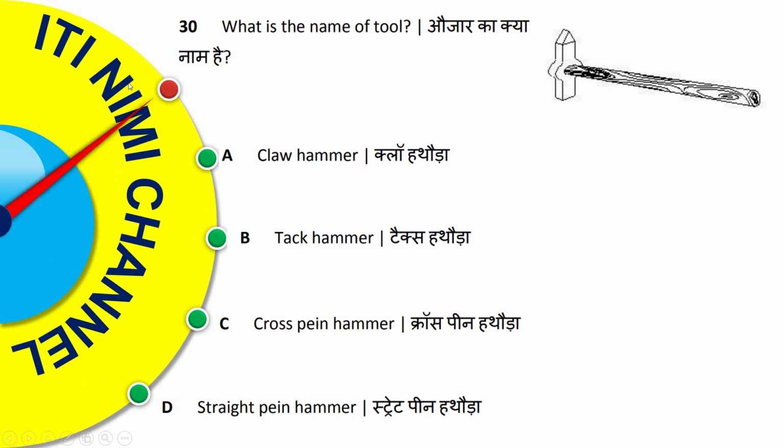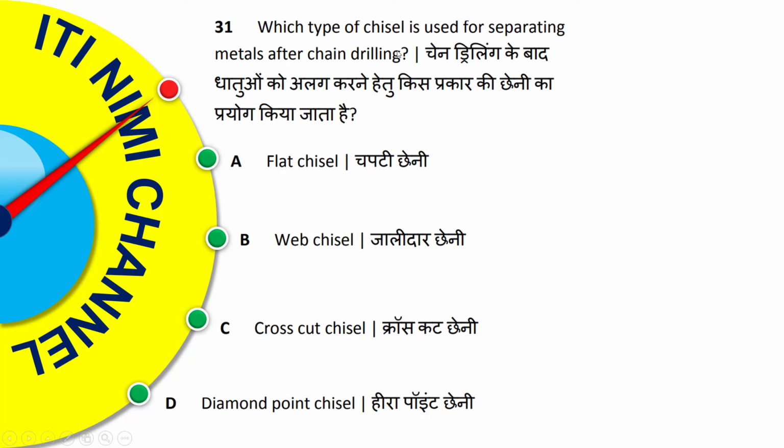What is the name of the tool? You have to tell what is the name of this tool. Claw hammer, tack hammer, cross pane hammer, straight pane hammer. The answer is tack hammer. Which type of chisel is used for separating metals after chain drilling? Flat chisel, web chisel, crosscut chisel, diamond point chisel.